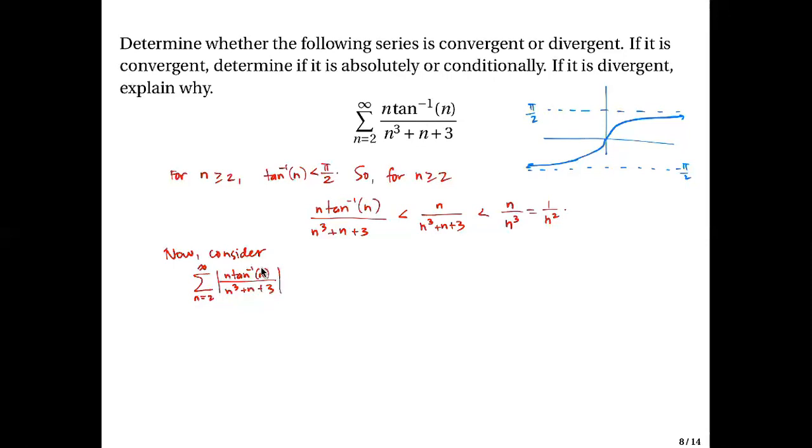Take note that this is always positive, so the absolute value has no effect since the terms are positive. But anyway, this is less than the series 1 over n squared from 2 to plus infinity.